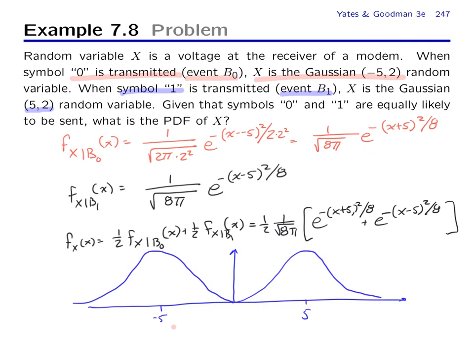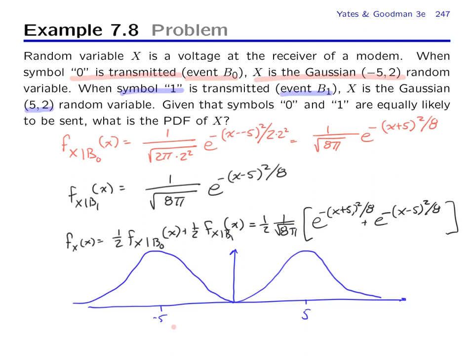Another side note worth mentioning is that this is a classic example of a bimodal PDF. Remember that a random variable has modes, and a mode is where the PDF is maximized. This random variable has modes of 5 and minus 5, and what they really correspond to is modes of operation of the system.